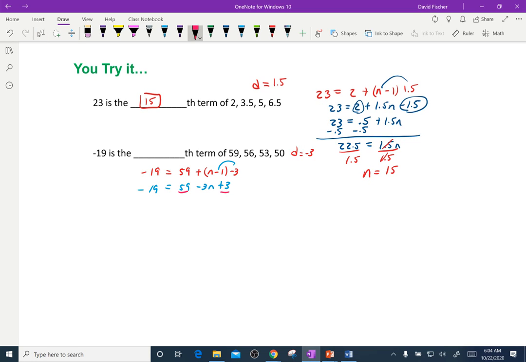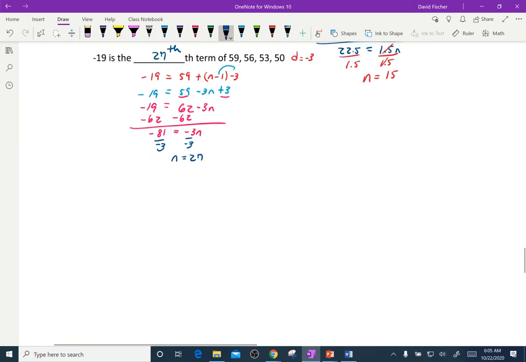Put these two guys together. 59, that'd be 62. I'll subtract 62. What are we getting there? Negative 81. And last step. So you can see the calculator is very, very helpful today. I got a negative 27.